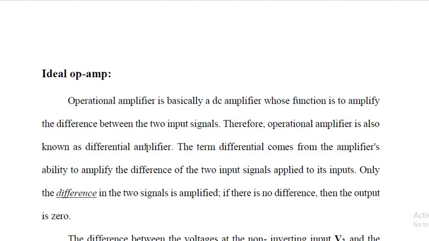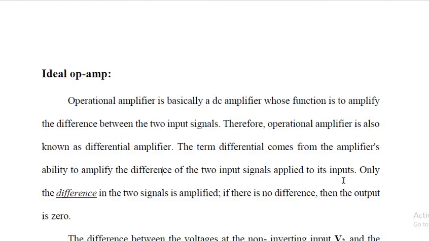Why differential amplifier? Because its function is to amplify the difference between the 2 input signals. The term differential comes from the amplifier's ability to amplify the difference of the 2 input signals applied to its inputs.